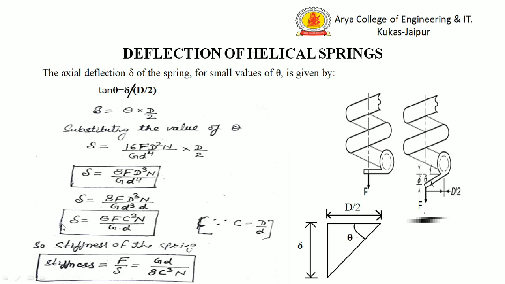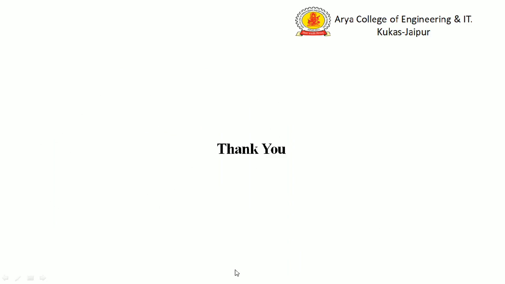So from this equation, force F per unit deflection delta is equal to G d divided by 8 C cube N. So stiffness is equal to G d upon 8 C cube N. So this is all about the stress and deflection in the helical spring. In the next lecture, we will solve some numericals of the helical spring. Thank you.